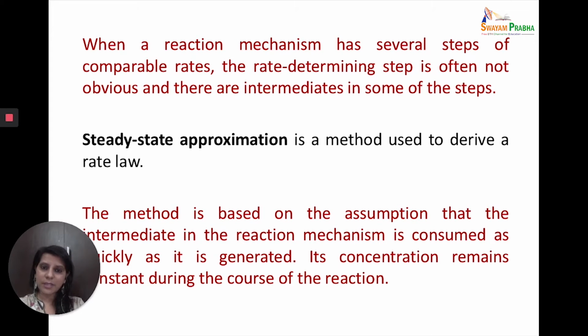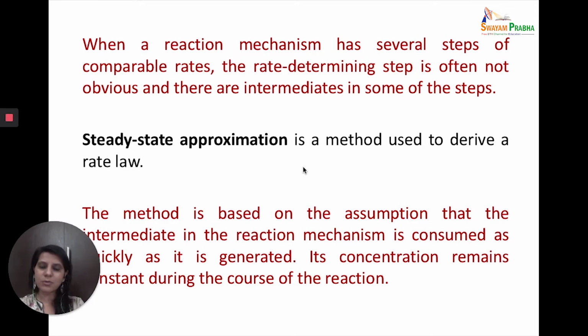First, it is consumed and generated very, very fast. Second, its concentration is very small and remains constant during the course of the reaction. We will be deriving the steady state approximation in later lectures while doing sequential complex reactions, but right now we are just going to use it.